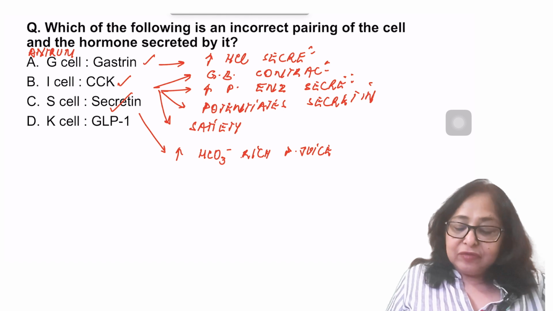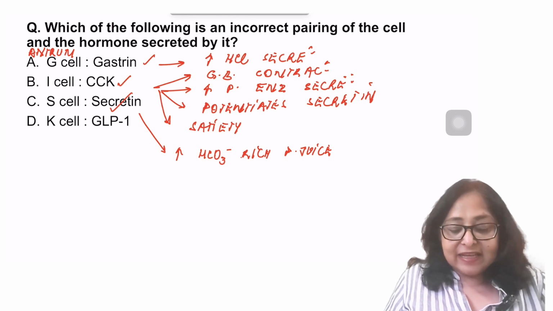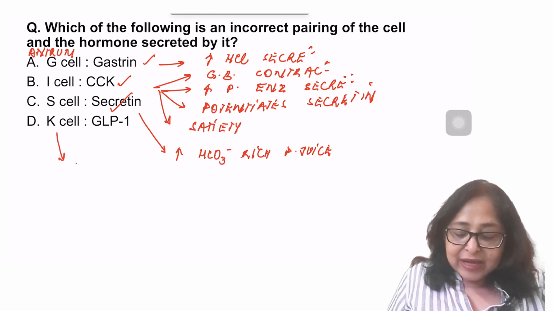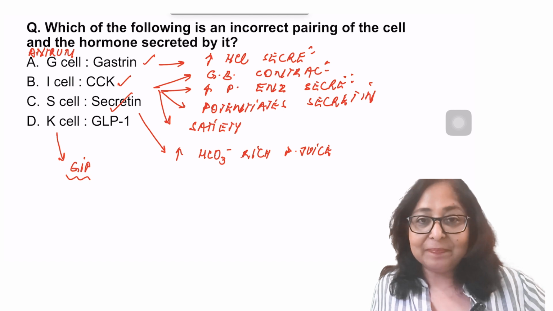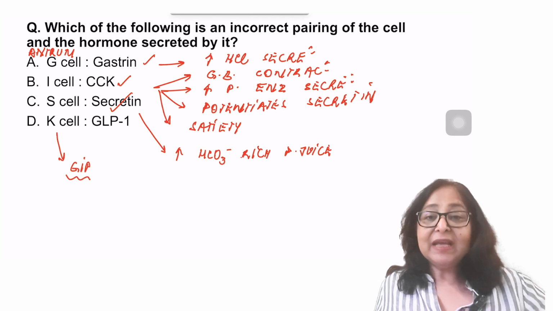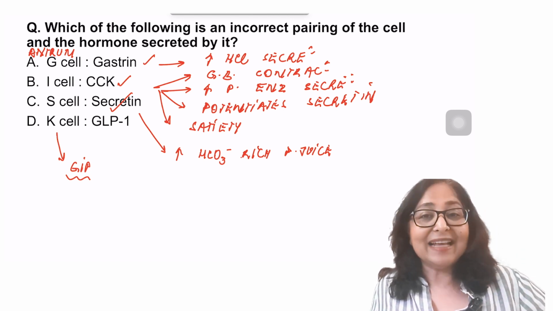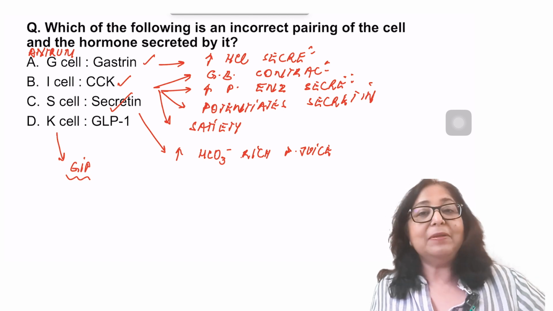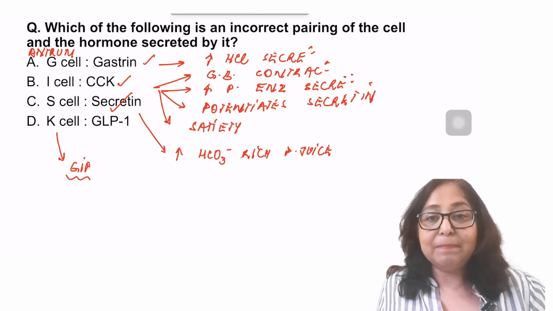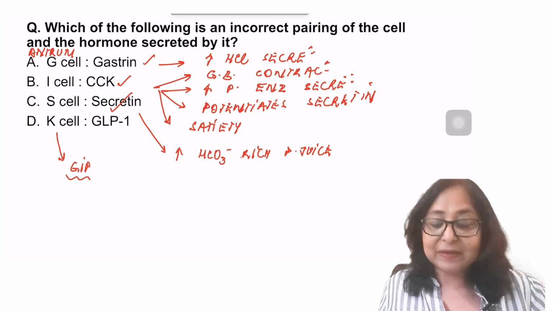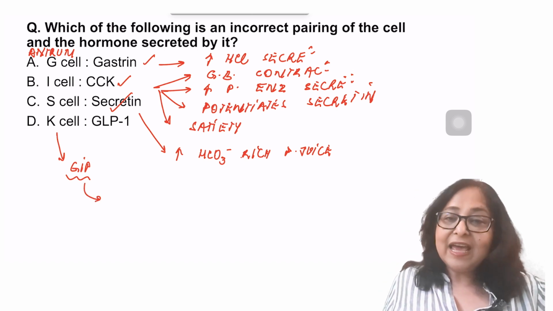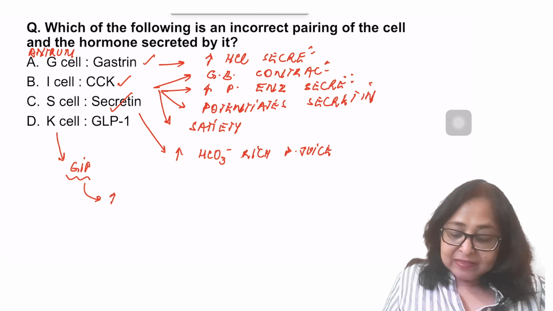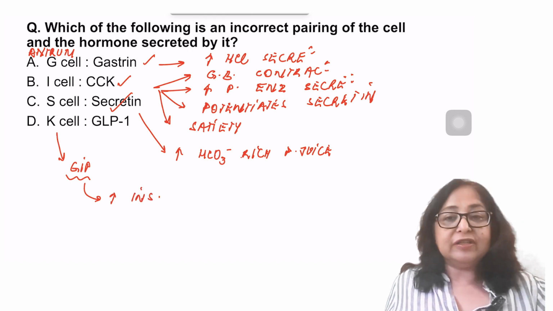K cells increases GLP. This is incorrect. K cells will secrete what is known as GIP, glucose-dependent insulinotropic peptide. What is the role of GIP? Earlier, GIP was known as the gastric inhibitory peptide, but the name has been changed because the physiological action of GIP has been found to be that it increases the insulin secretion.